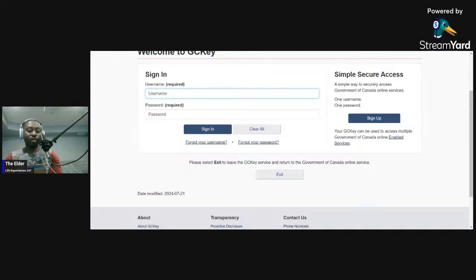I think I created this in November when we were having a training. That was when I created this. Okay, I think the name I used was the Elder 2024. Yes, and I'll enter my password.